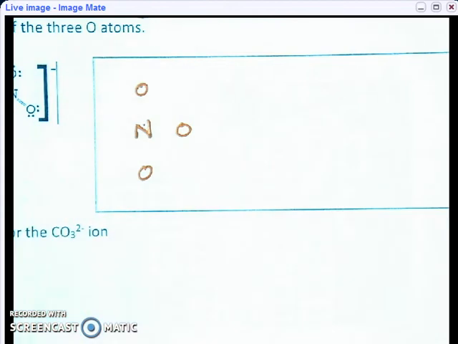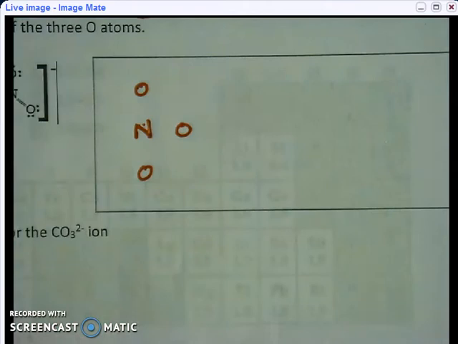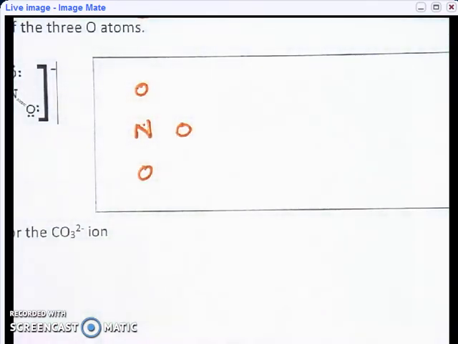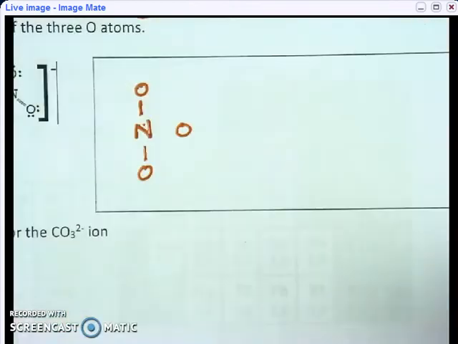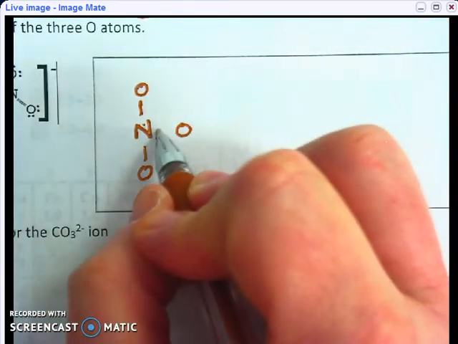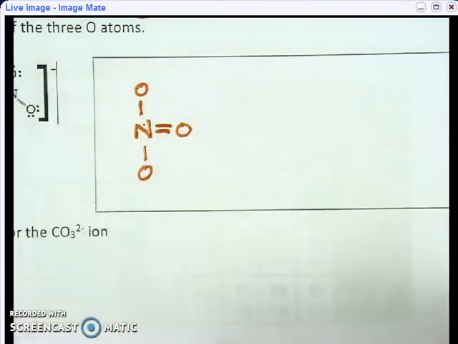Okay? So it says that we share 8 electrons. So 2, 4, 6. I got 2 more to go, so I'm going to go ahead and put the double bond on that oxygen. Okay? I've got the double bond on that oxygen.